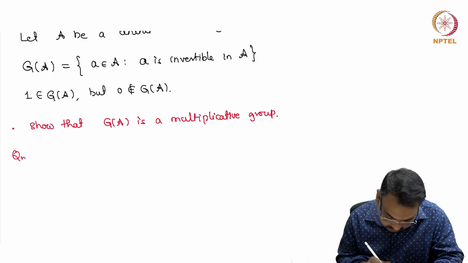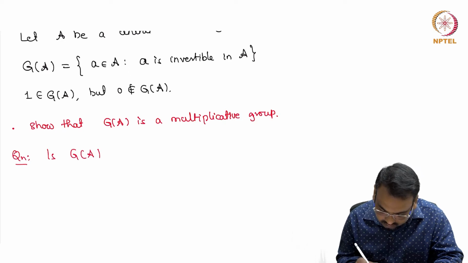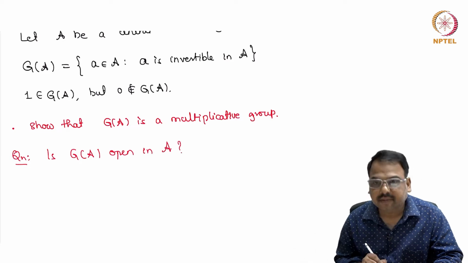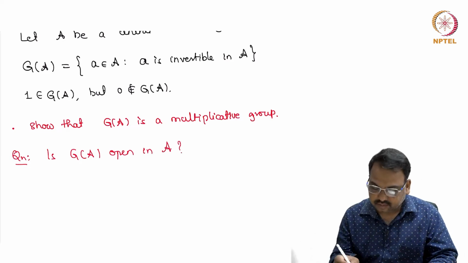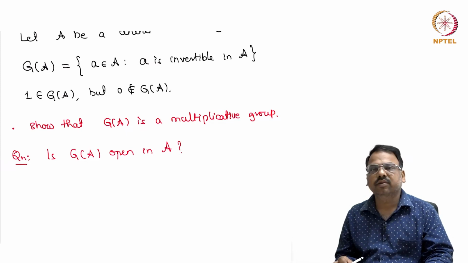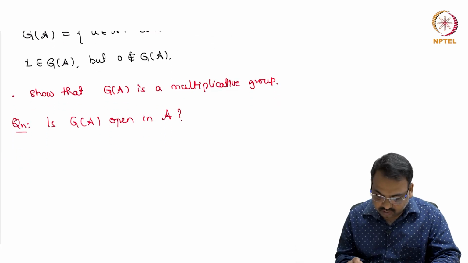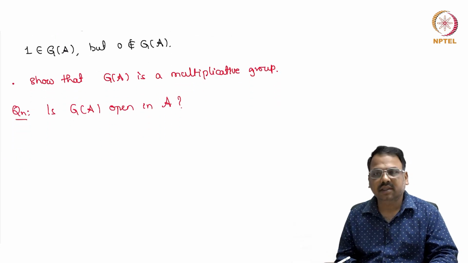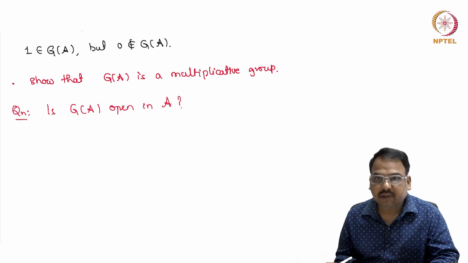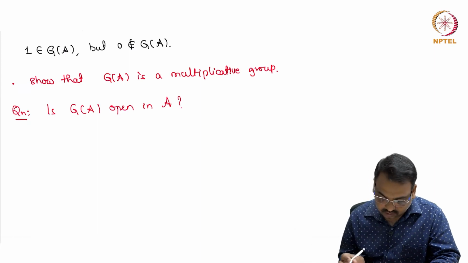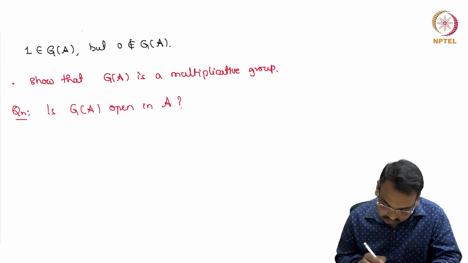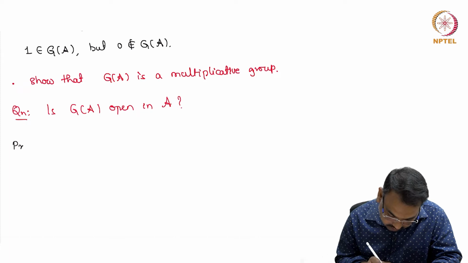So the question is the following: is GA open in the algebra A? We are going to prove this result in an affirmative way. Before doing that, let us prove some important results related to invertible elements. Okay. So let us prove the following result.